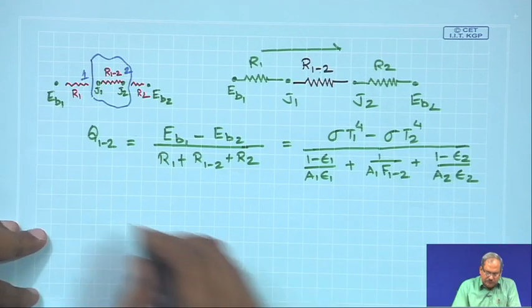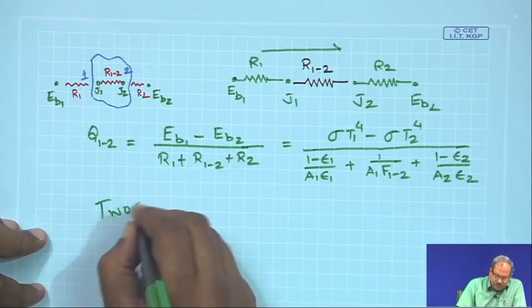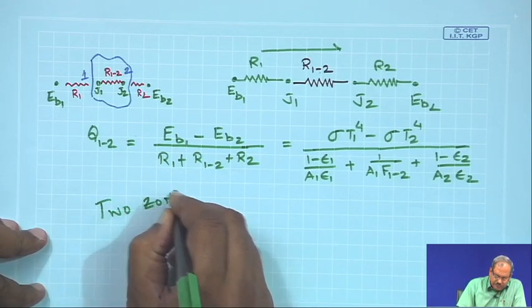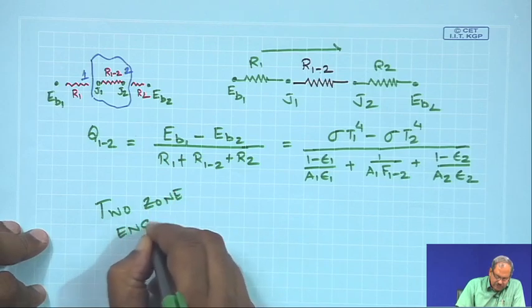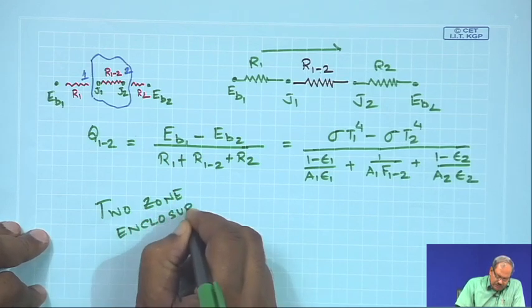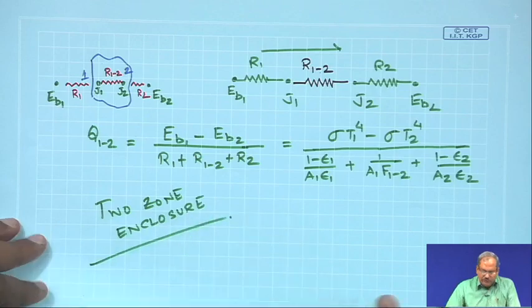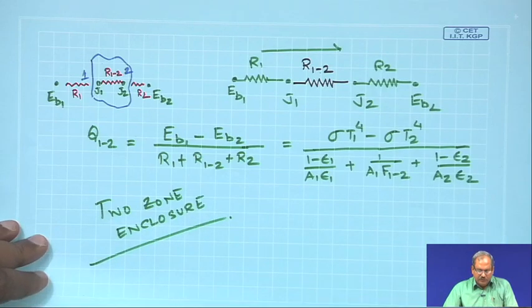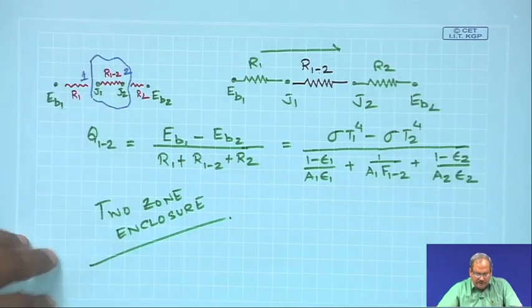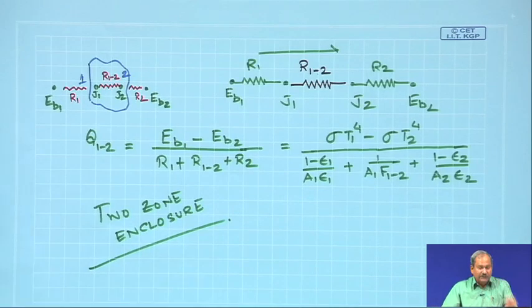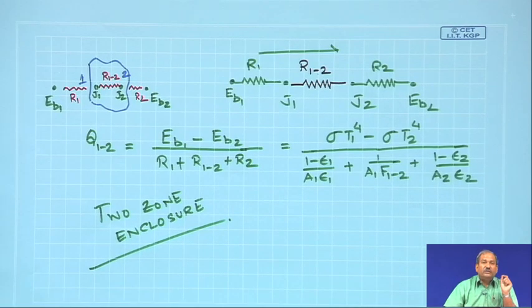This is the relation for a 2 zone enclosure. The concept of 2 zone enclosure, which is straightforward, can now be extended for more realistic situations like 3 zone enclosure. So, what is a 3 zone enclosure and how do I express it in terms of the concepts that we have developed so far?